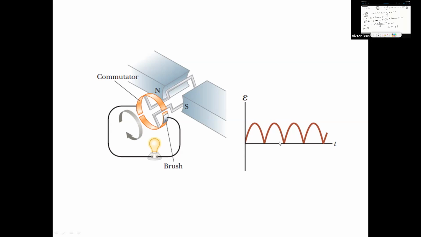In order to make it smoother and closer to DC, one option is to connect a capacitor in parallel, which will charge and discharge. It will take some time to charge the capacitor, so the voltage at the terminals of such a generator will rise a bit slower.